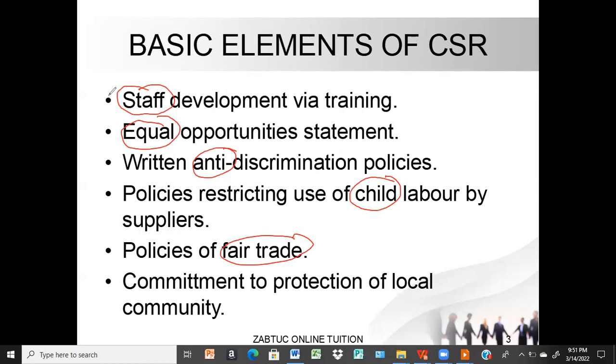These are some of the core items, and you have seen these being asked for in our exams. What are some of the elements that we must deal with? What are some of the positions that the company must deal with in a corporate social responsibility program? These are some of the core items that I dealt with.